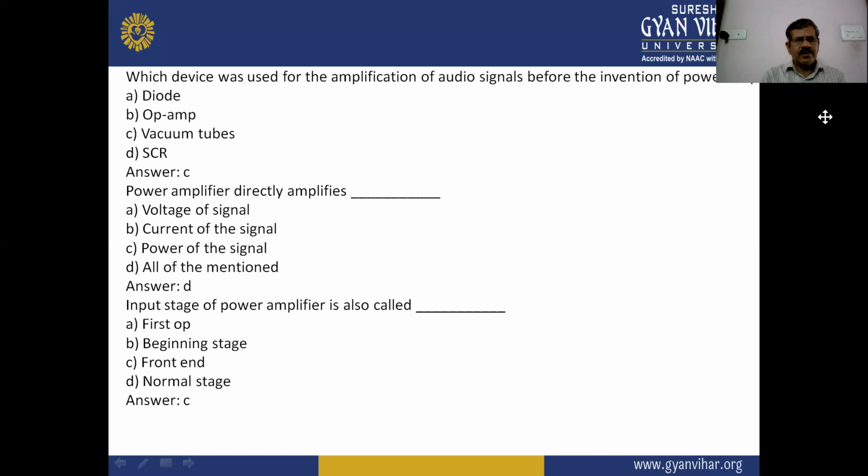So the correct answer is D, because a power amplifier amplifies the voltage, current as well as power.